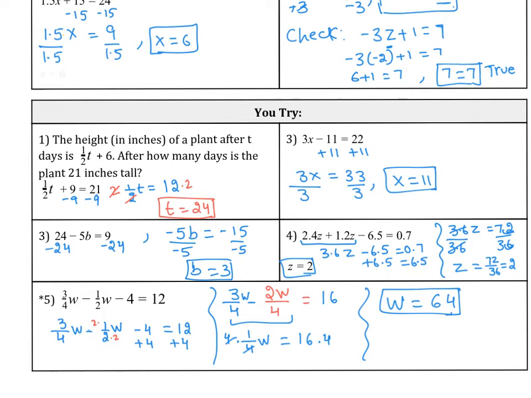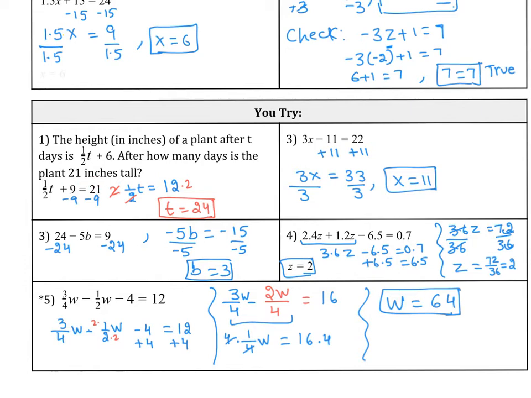You want to solve for t. You subtract 9 on both sides, and then you get 1 over 2t equals 12. Then to cancel the 2, you multiply by 2 on both sides. So t becomes 24. After 24 days, the plant will be 21 inches tall.